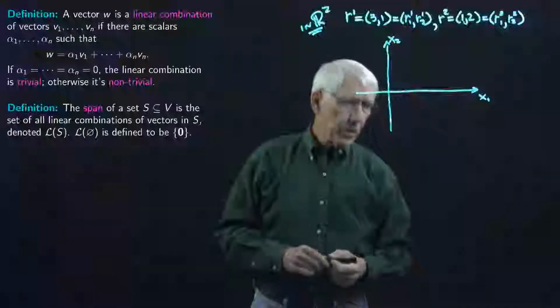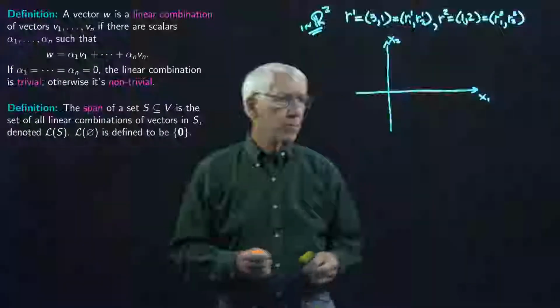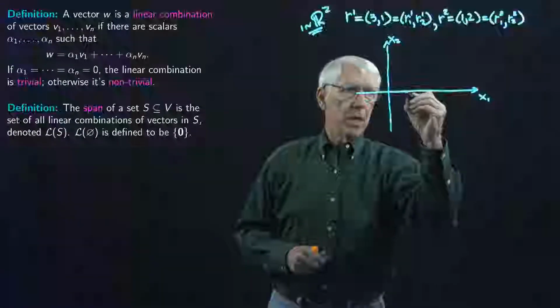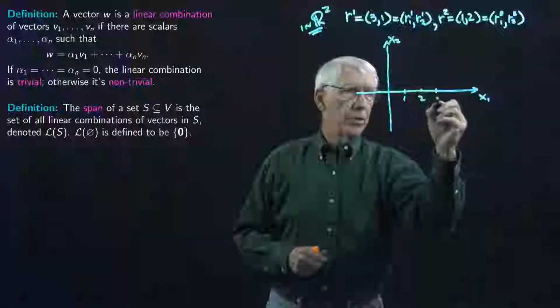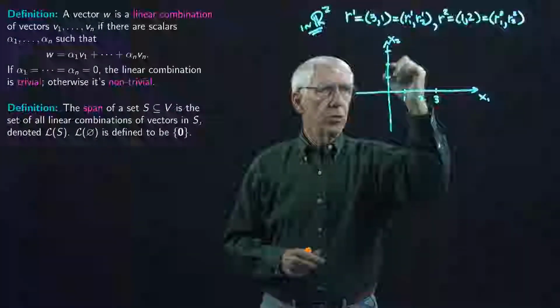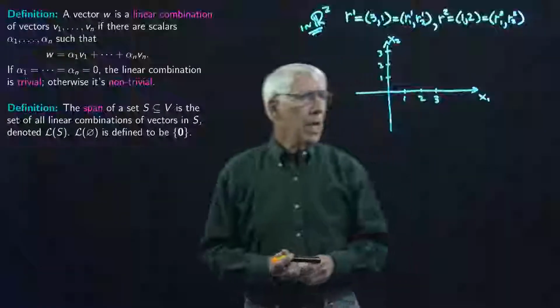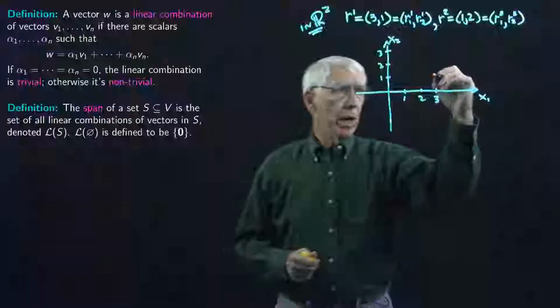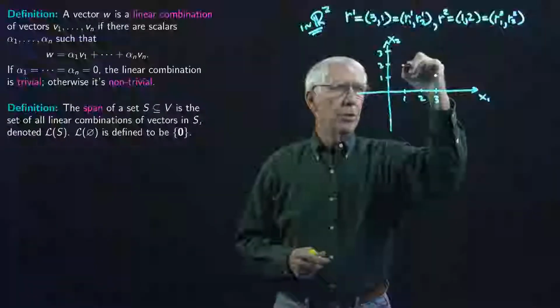Let me use a different color here. Let's first mark off some units. Let's say this is 1, 2, and 3, and here, this is 1, 2, and 3 over here. So the first vector, 3, 1, of course, that's here. And the second vector, 1, 2, that's here.